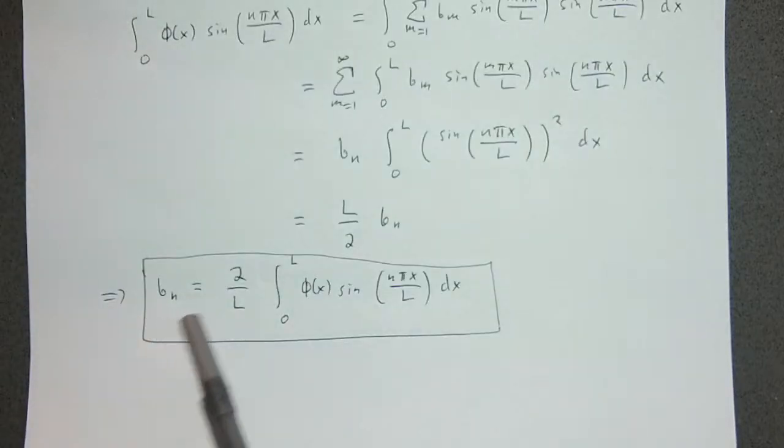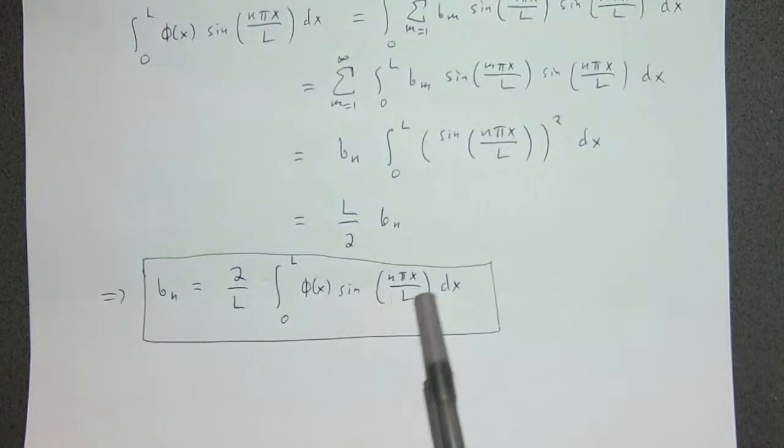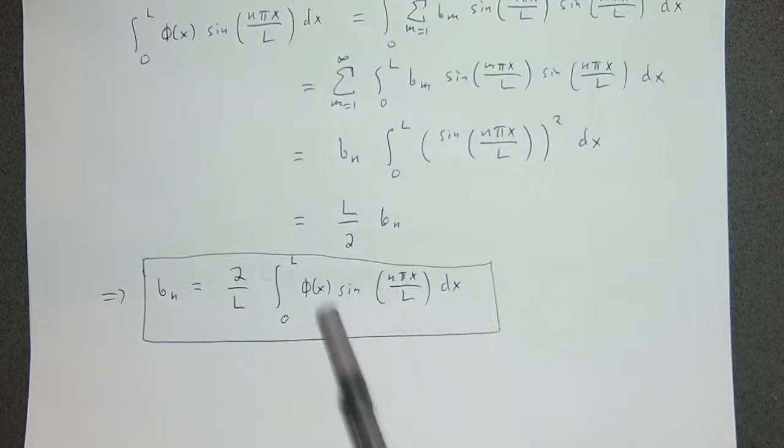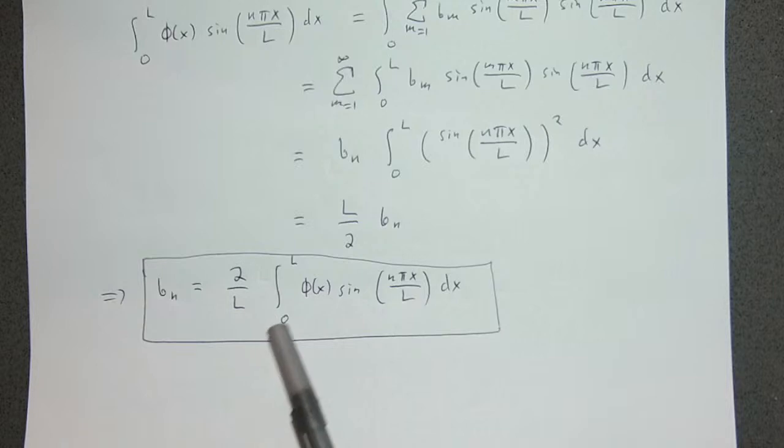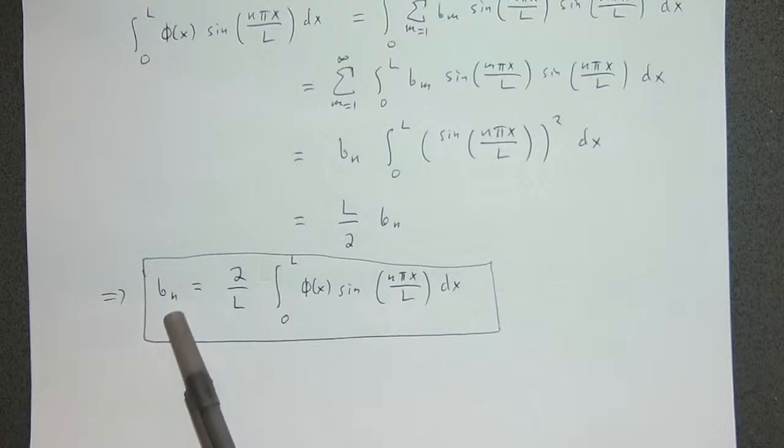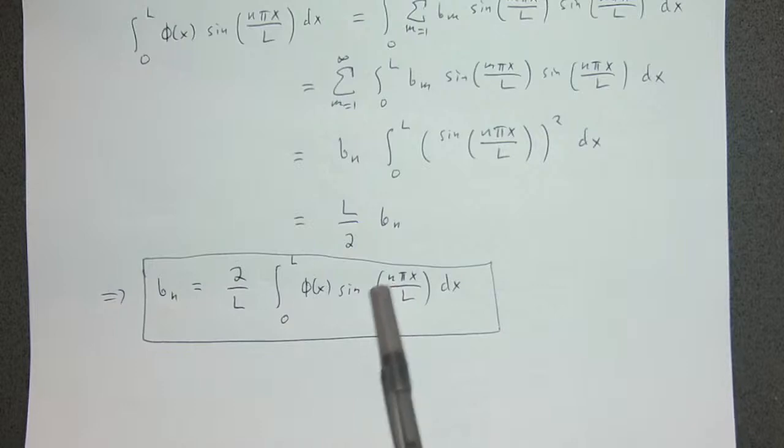We integrate the function that we're given, phi, against sine of n pi x over L dx, and we do that integral from 0 to L, and we multiply by 2 over L, and that gives me each of the b sub n's, right? So the dependence on n here is coming from this inside the argument of sine here. Okay. Does that make sense?